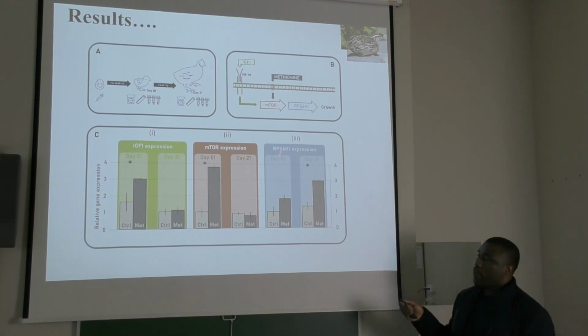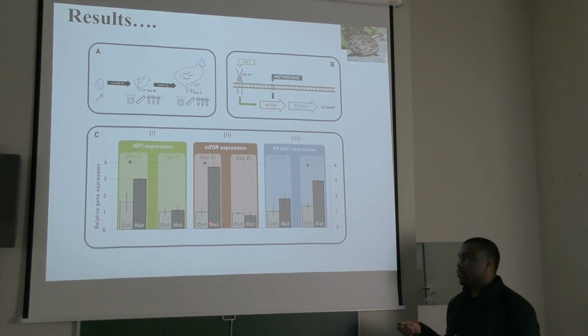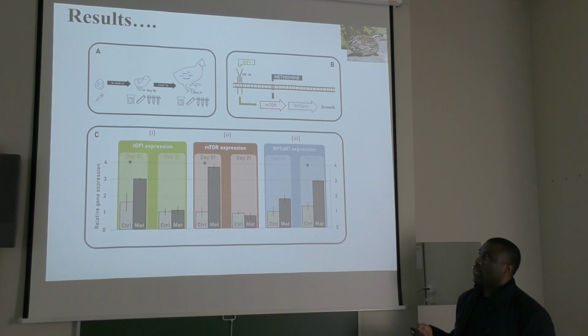However, ribosomal protein S6 kinase was highly regulated in day 21 old chicks compared to day 1 old chicks. This was like a transition, where some genes were regulated in the early stages of development, but some genes in later stages of development.